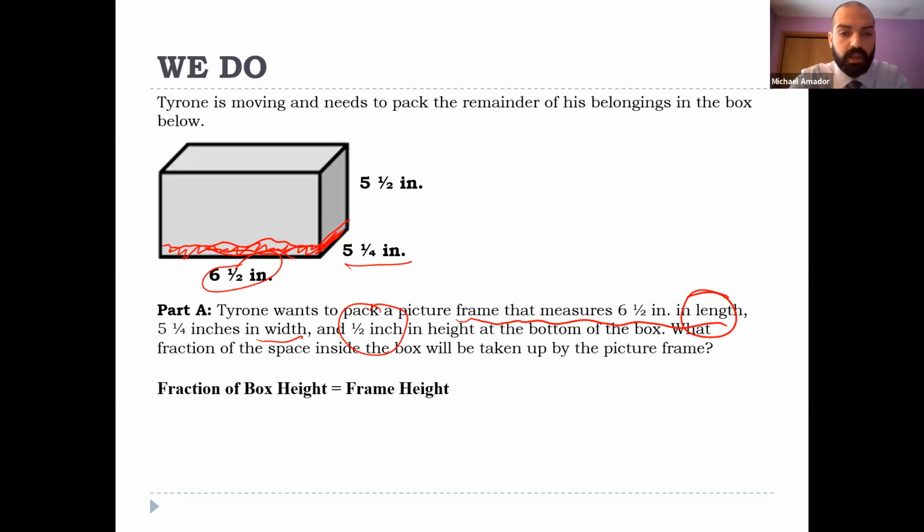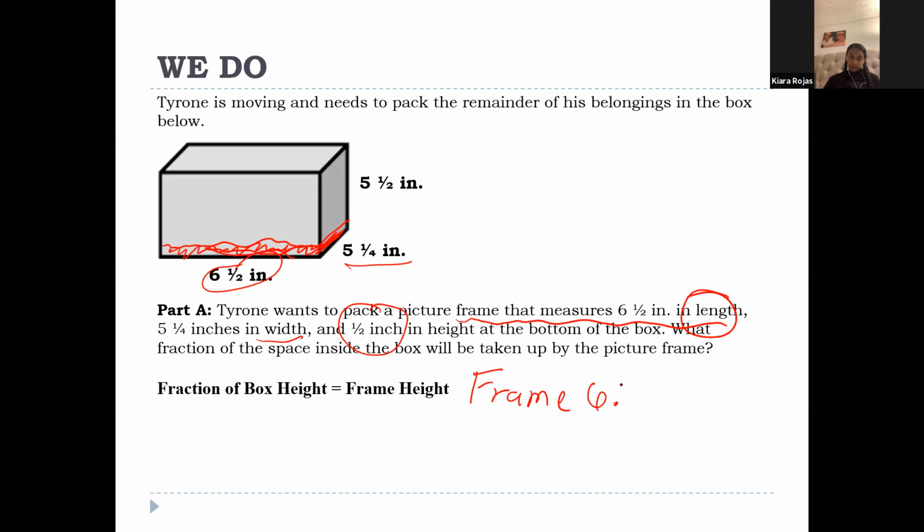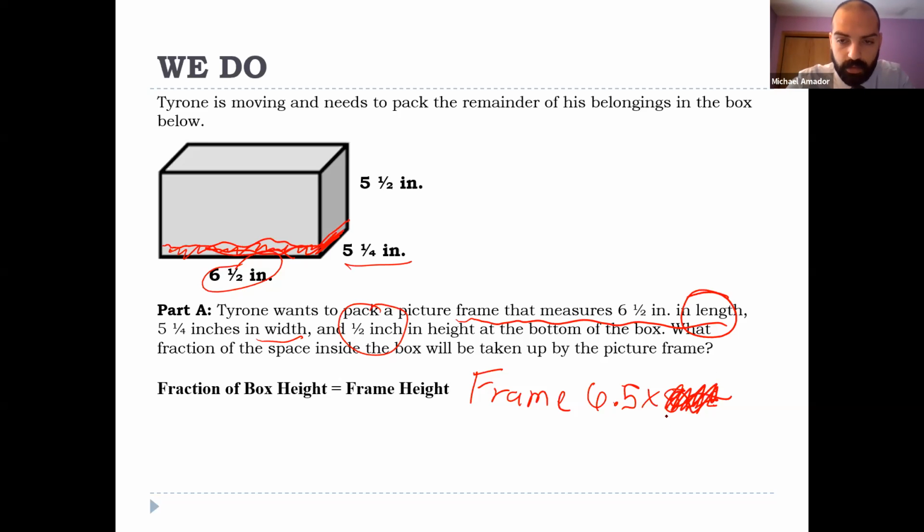So the volume of the picture frame is, so the frame is 6.5 times 5.25 times 0.5, because it's 1/2 inch in height.